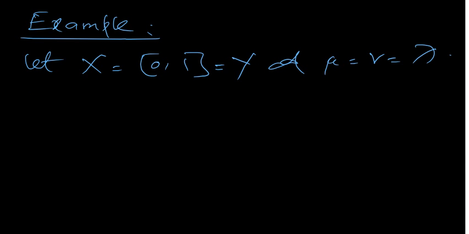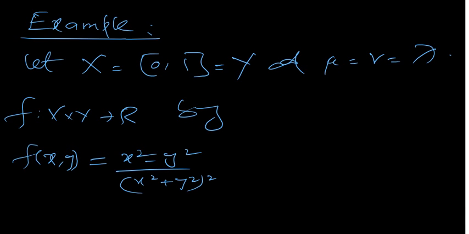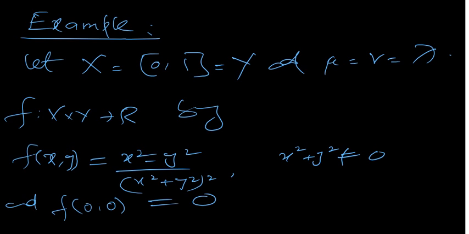And let's define the function f from X cross Y to R, which is the interval 0, 1 cross 0, 1, by f of x comma y is equal to x square minus y square divided by x square plus y square whole square, where this x square plus y square is not equal to 0. That means at least one of them is not equal to 0, and the value is equal to 0 when both x and y are equal to 0.